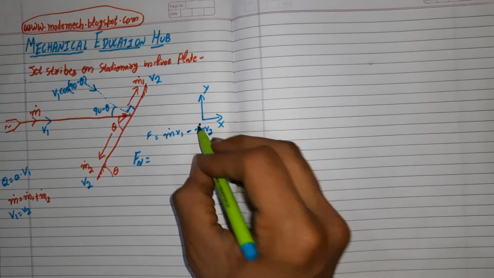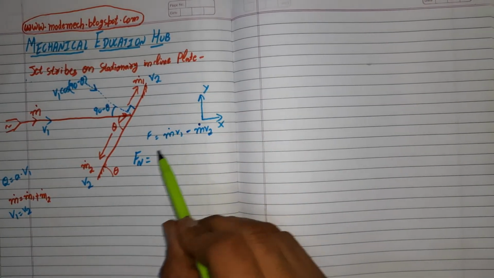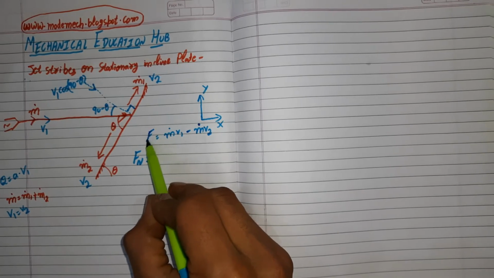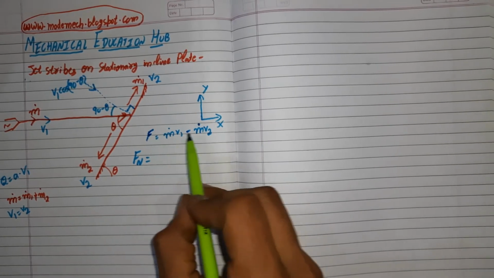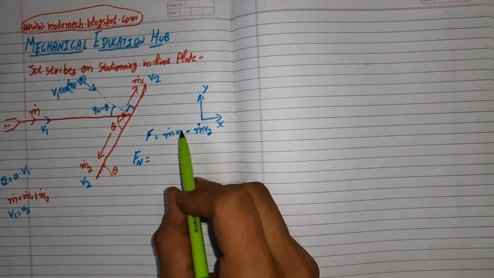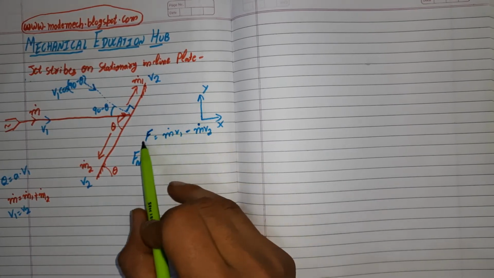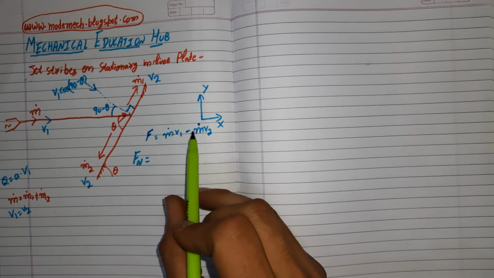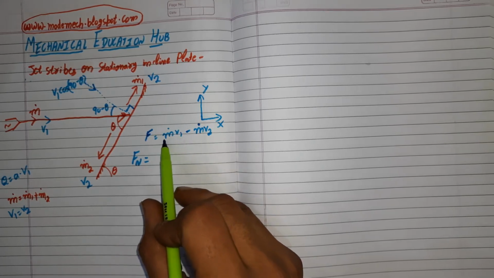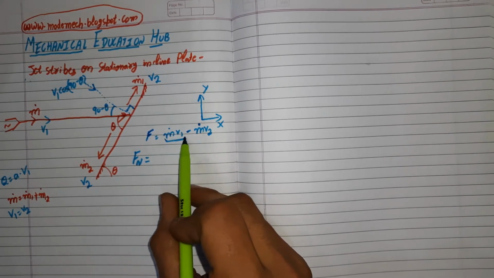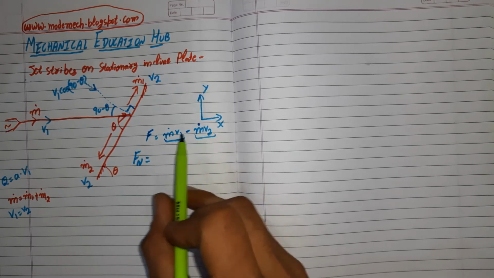In my last video, we found this formula, and by using it we can calculate the impact of jets. Now this is momentum at entry and this is momentum at exit.